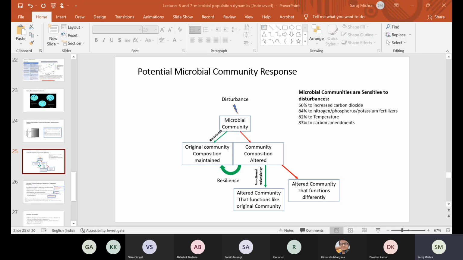Because of pollution, many of the microbes have been completely wiped out. And if it is very rich in domestic sewage, for example, you find that the diversity has already gone down.